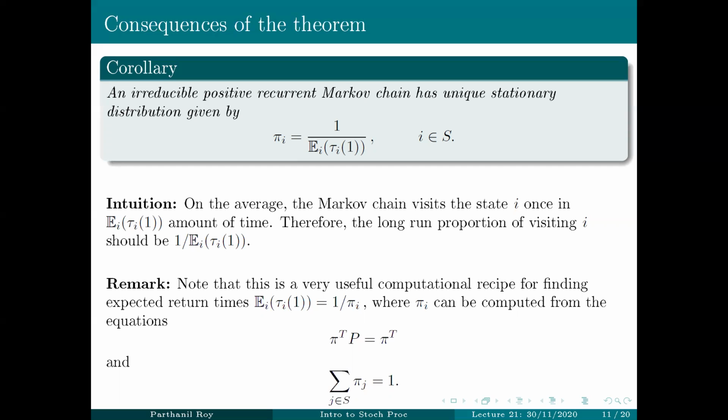Of course, this may not always be easy, but when we have, say, a 3-state or a 4-state Markov chain, definitely this can be computed. And then once this can be computed, you can use that to compute the expected return time to I using this formula. So this is a very nice computational recipe for finding expected return times.